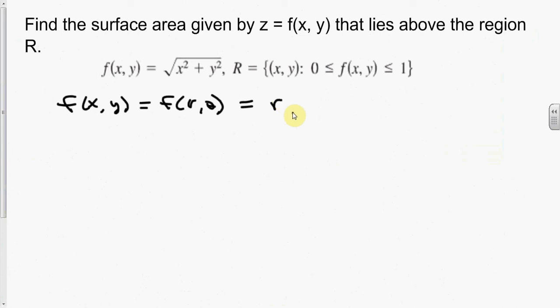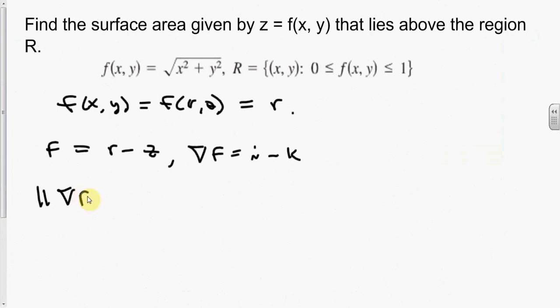And so what I have is this capital F, which then looks like this, r minus z. So this gradient of f is with respect to the r. This is i. And then theta, there's no theta. Then the z is minus k.